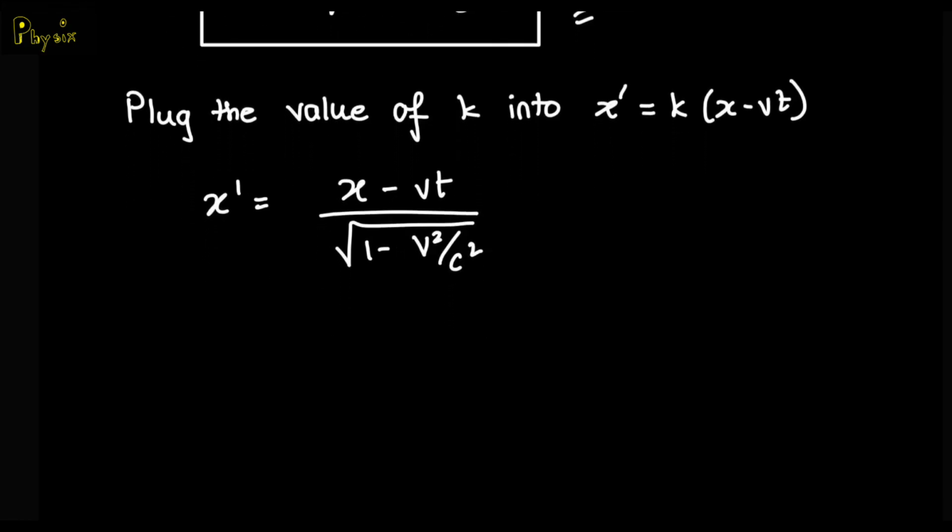Now, since our velocity is only occurring in the x-axis, y prime and z prime remain the same as y and z. It can be different if the velocity occurs in the y-axis or z-axis, but since we're just dealing with the x-axis over here, it's the case as shown.